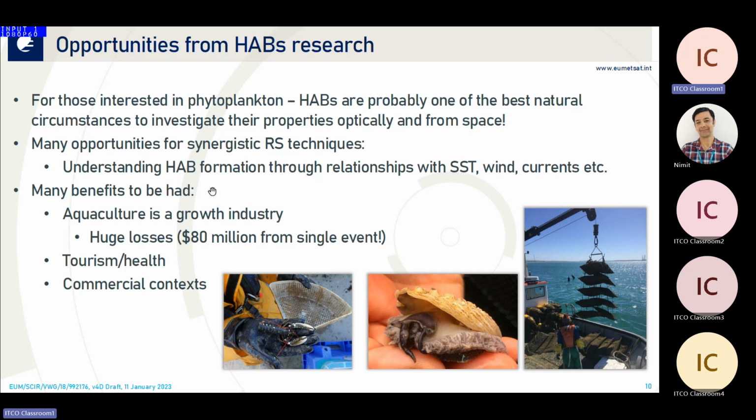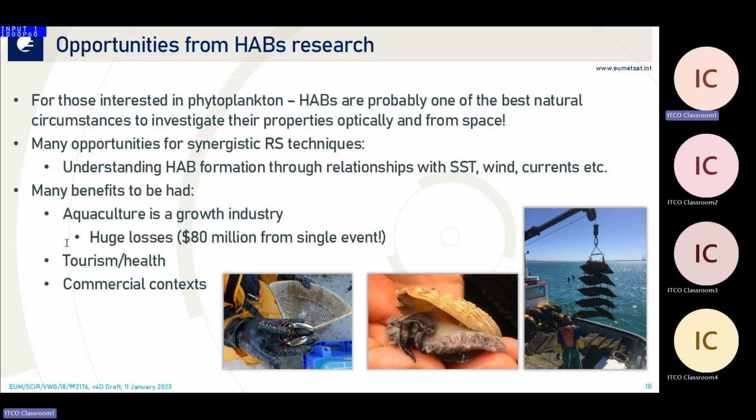The benefits of starting this type of research approach, of course, for me, the more important part would be health, how important it is for us to have clear and healthy waters where we can drink, or where we can go to the beach and bathe without any problem. But it's also important for the industry, for the tourism industry, and also for aquaculture.